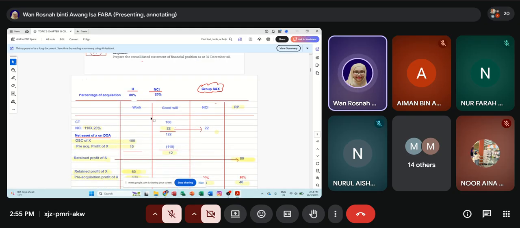Consideration, the cost of investment, right? When the holding company buys the subsidiary. Okay, 100.